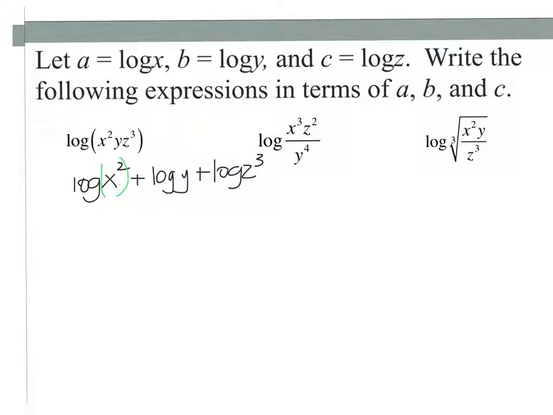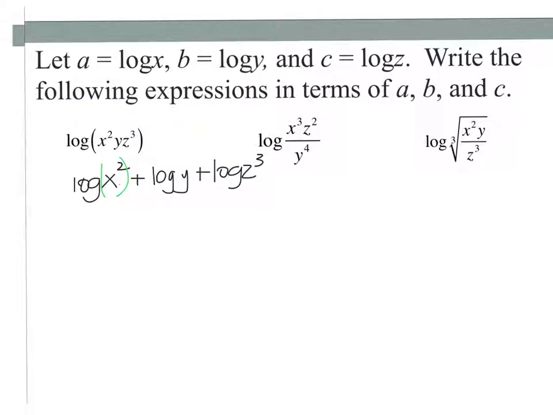So the way we have to simplify this is, before we put the a's and the b's in, we have to deal with these powers. The power rule, the middle rule from the last slide, is that this 2 can move down to the front.